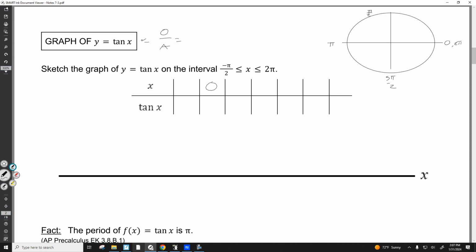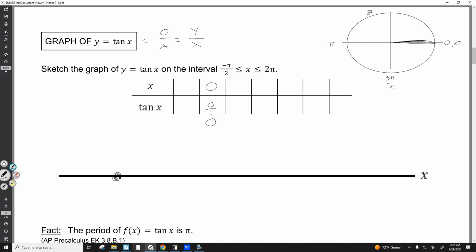It's the y over the x. Come on, guys. What's the y at 0? It's 0. What's the x? It's 1. The tangent of 0 is 0. Okay, guys, put down 0, 0.